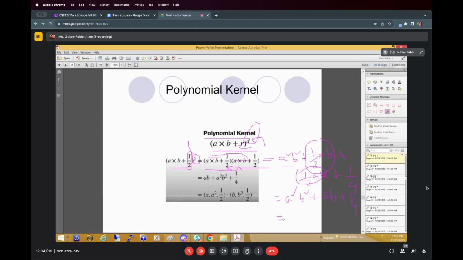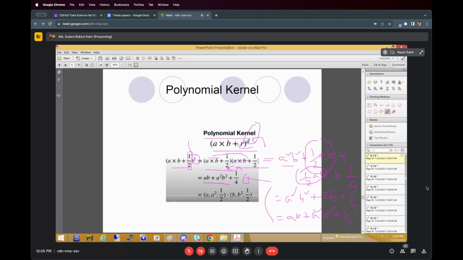We can rewrite this as ab plus a square b square plus 1 by 4.